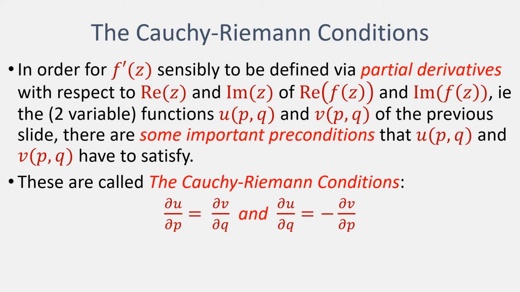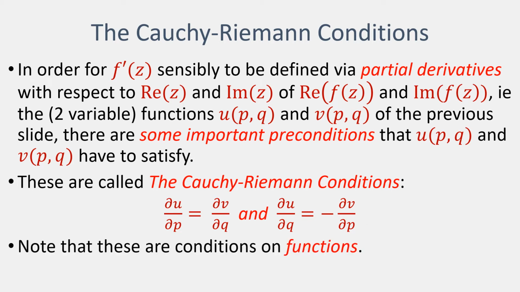So that's the first of the Cauchy-Riemann conditions. The second condition is that the partial derivative of u with respect to q is exactly the same as the negation of the partial derivative of v with respect to p.